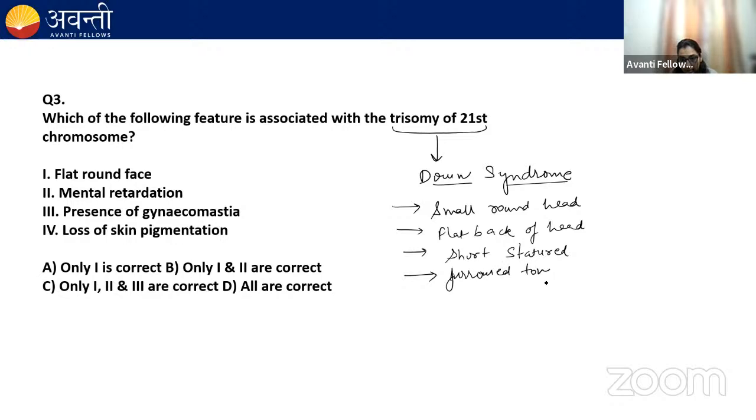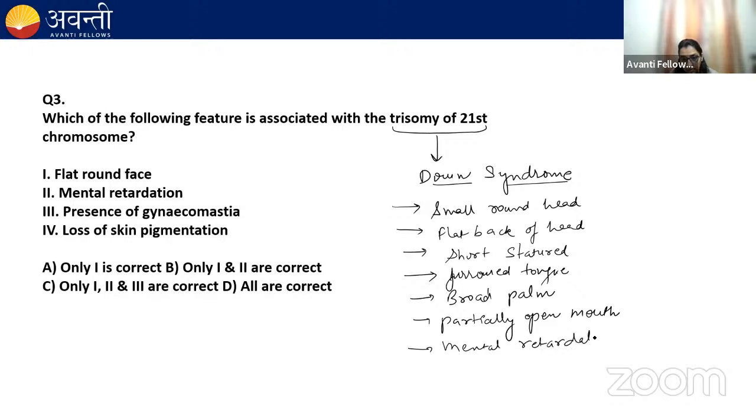Furrowed tongue. Broad palm. Partially open mouth. Mental retardation. Remember all the symptoms, okay?